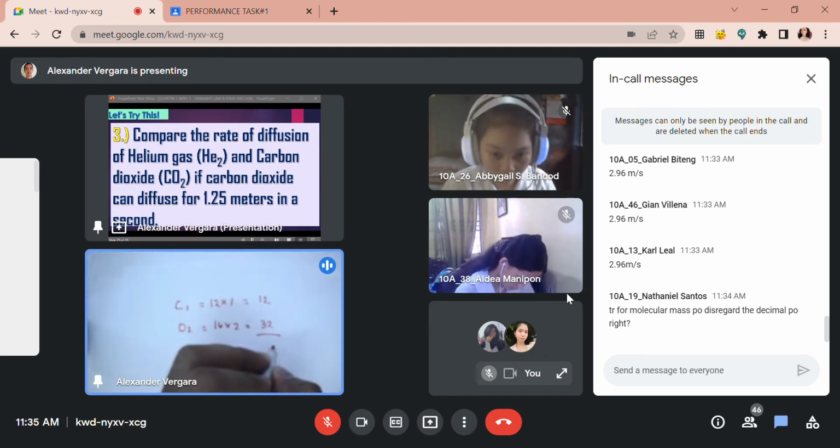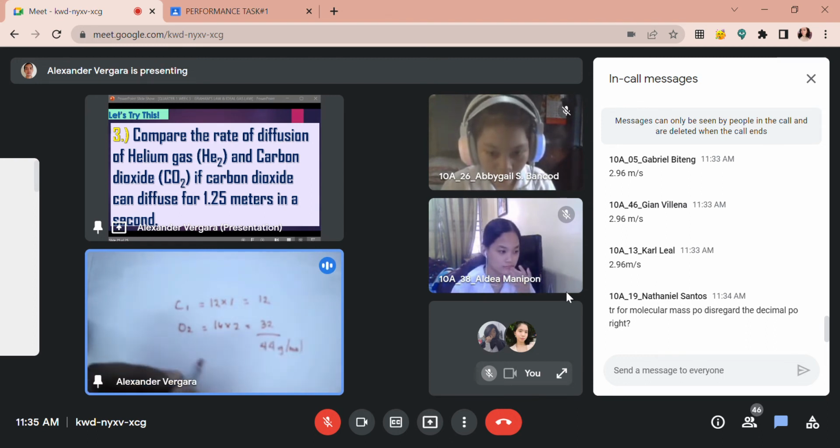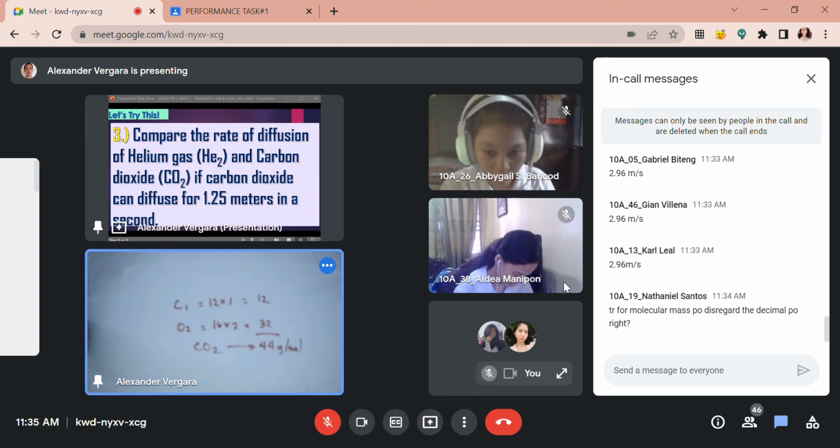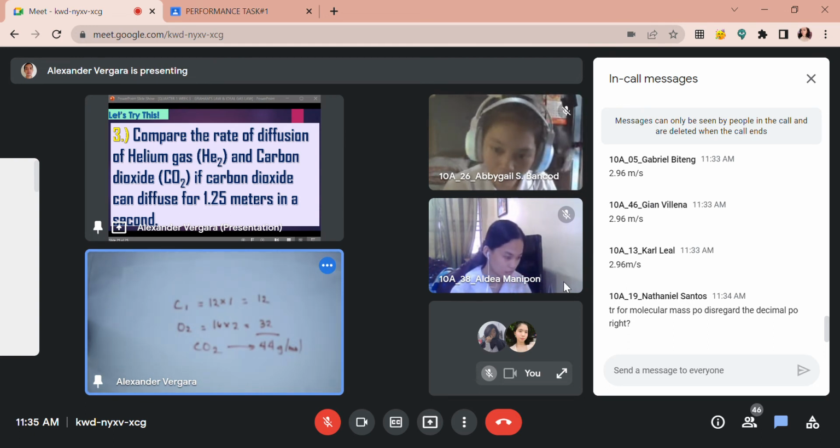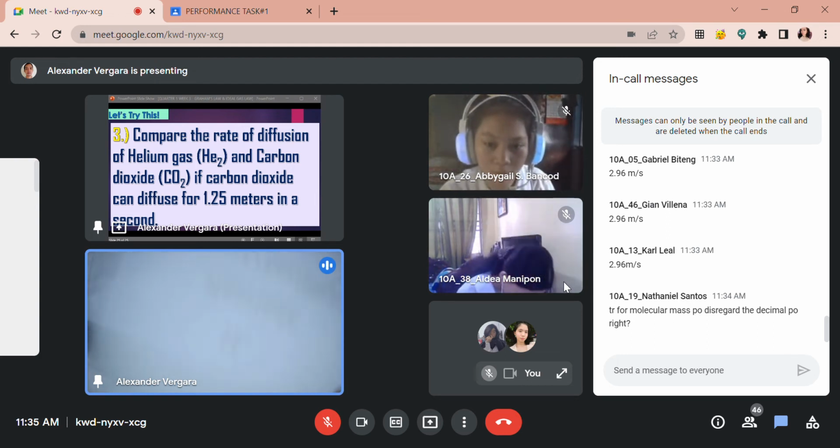Then that will be 44 grams per mole. So this will be CO2. Did you get the same answer? Okay, very good. So compute the other one, it's easy already.